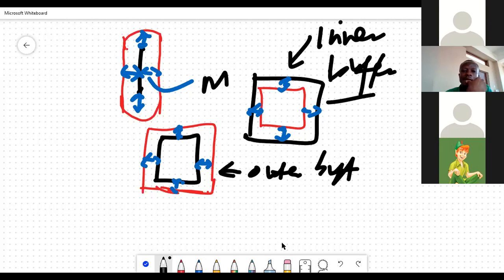Sir, I think the outer buffer will be more relevant, mostly with regards to gas pipelines and oil pipelines, like the buffer zones that are created on each side. No, hold it. Michael, remember that once you say pipeline, pipelines are linear features.